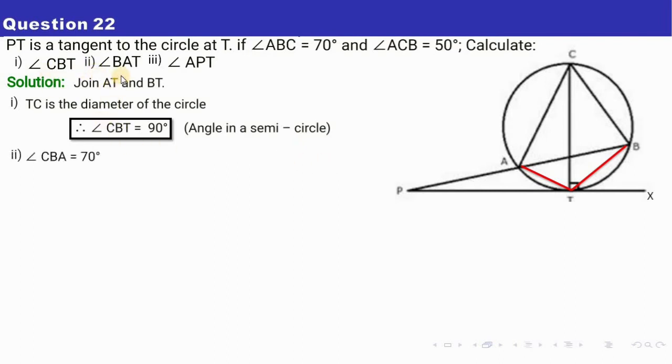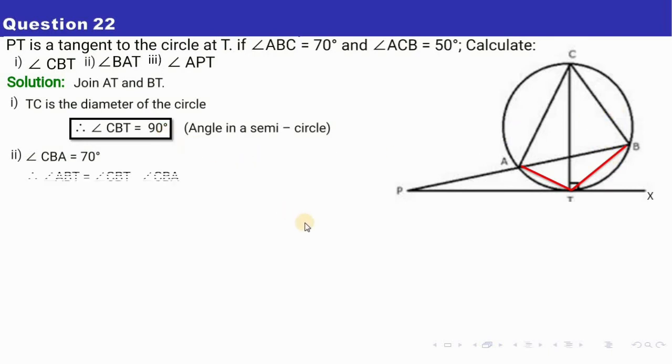Let's move on to the second, that is BAT. Let us see where BAT is. BAT means we need to calculate this angle. We know that CBA, or ABC, is given to be 70 degrees, right? And this full angle is your 90 degrees.